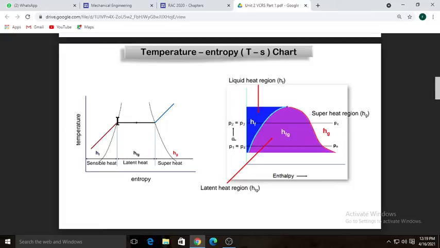This is the point where the temperature stays constant while all the ice gets converted into liquid. Now the temperature of this liquid water increases from 0 degrees centigrade to 100 degrees centigrade.